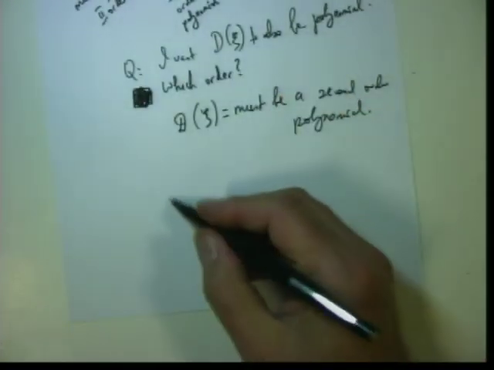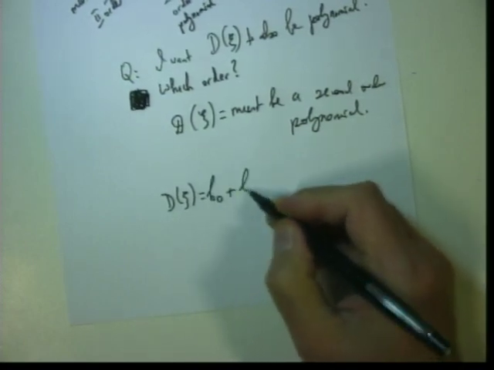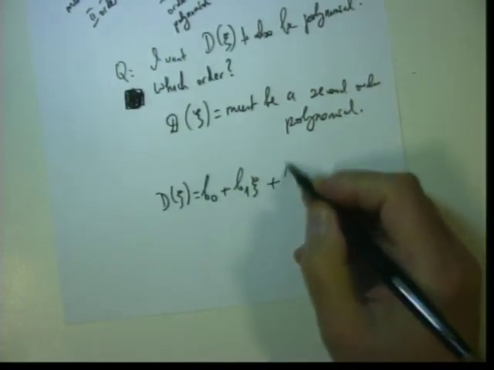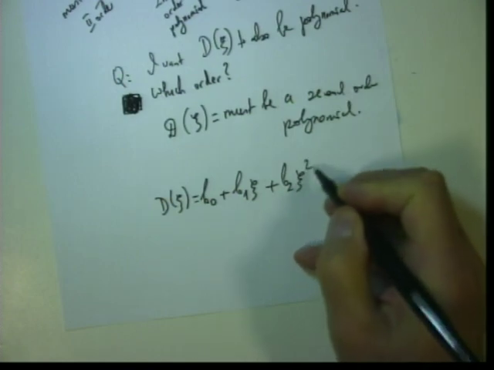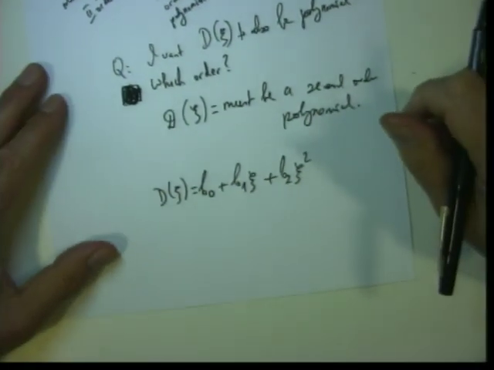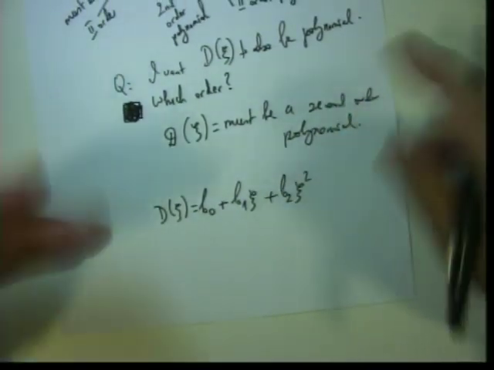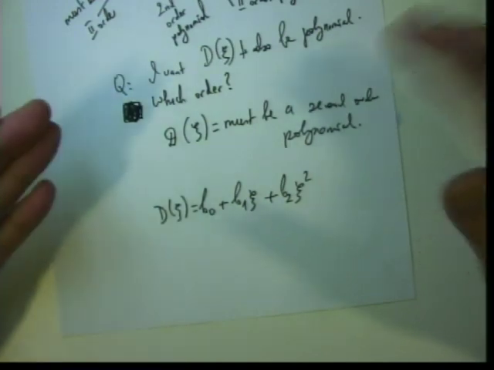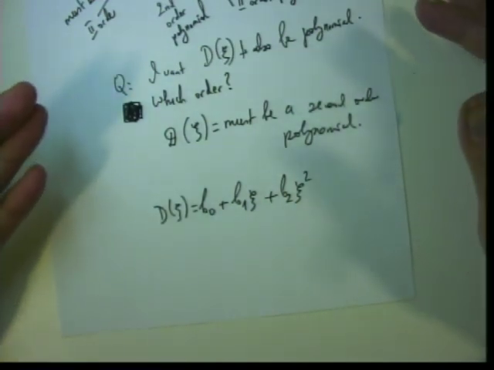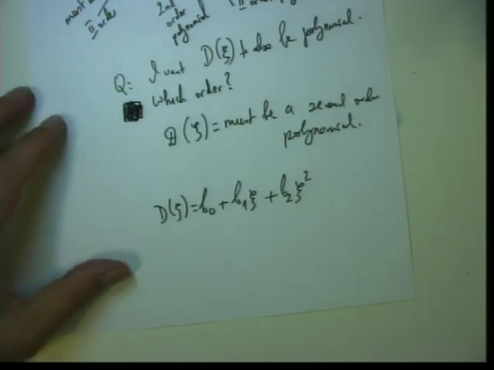So I will write down D of psi equals b0 plus b1 psi plus b2 psi squared. So then, at least from the point of view of polynomials, things will be okay.